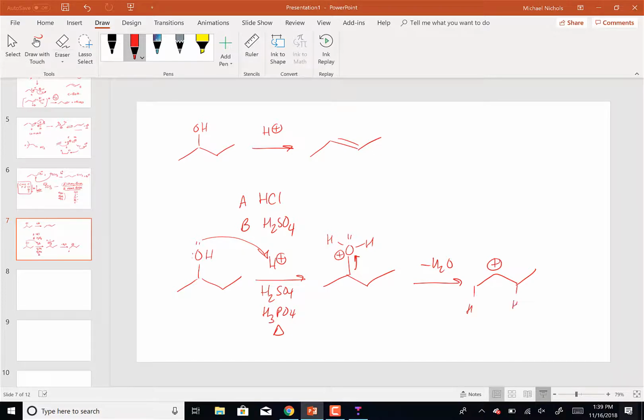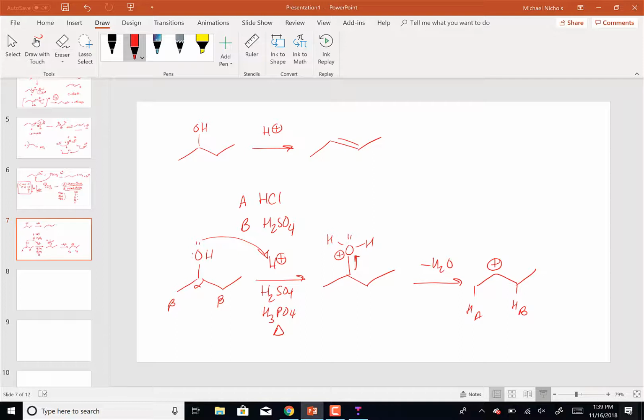Then, if I'm going to do an E reaction, I've got to lose a beta hydrogen. So here's my alpha hydrogen, here's my beta hydrogens.